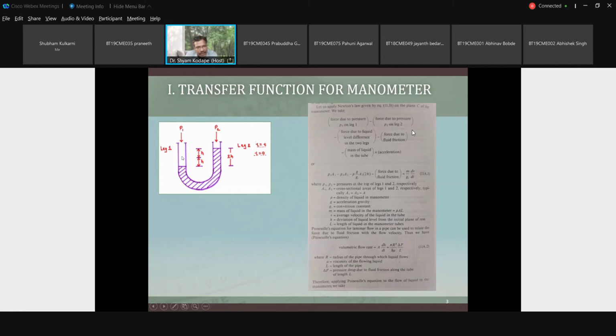It will displace the liquid in leg 1 downward. Similarly, the liquid in leg 2 will be displaced and the height will rise by the value h. Are you getting my point?